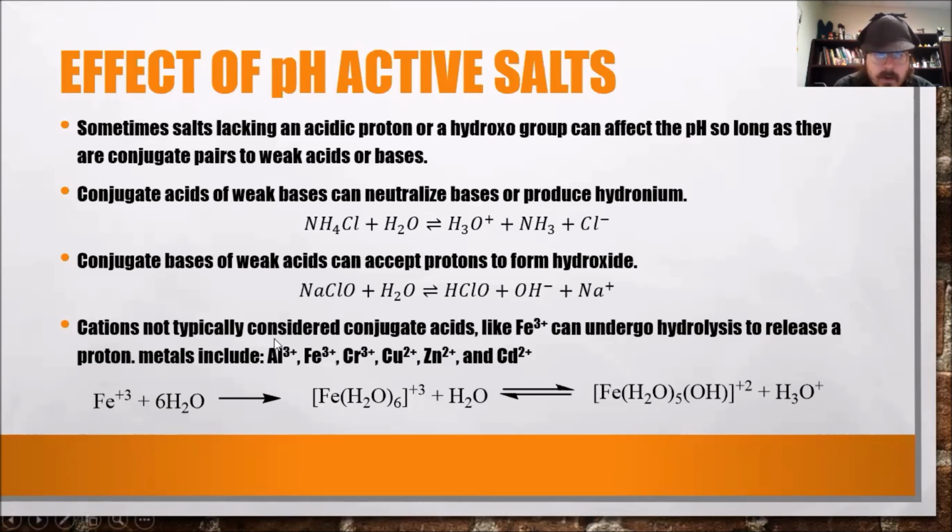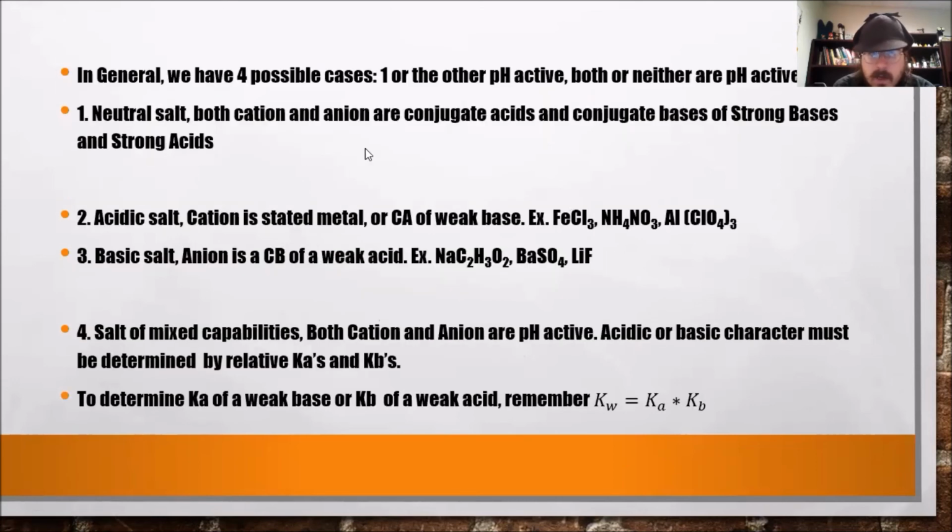And so, how do we deal with this? In general, when we look at pH active salts, we can place these in 4 different scenarios: both are pH active, neither is pH active, or one of them is pH active. So how do you think about this?